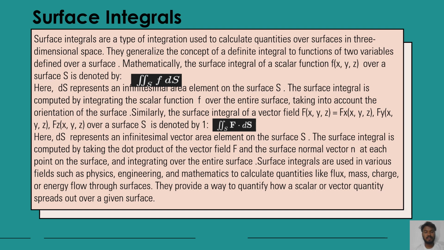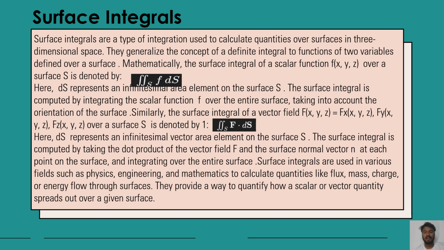Here dS represents an infinitesimal vector area element on the surface S. The surface integral is computed by taking the dot product of the vector field F and the surface normal vector n at each point on the surface and integrating over the entire surface.